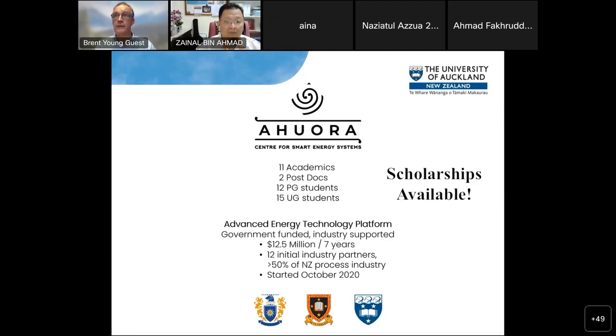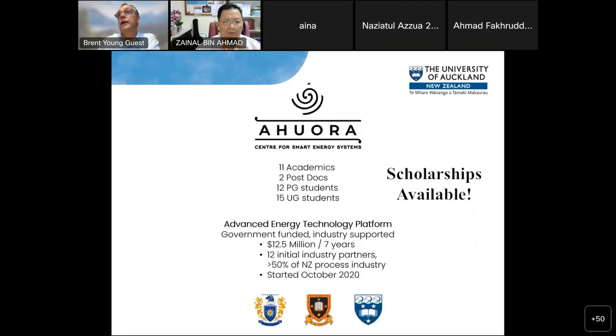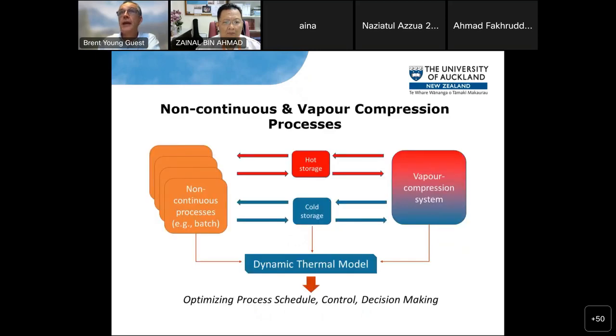So it's a really exciting program that we're involved with, with the idea of doing smart energy systems for decarbonisation of New Zealand processing. Just to give you some technical flavour for what those PhD students are doing, I'm involved with the supervision of 4 of those PhD students, for the 12 that are working at the moment.